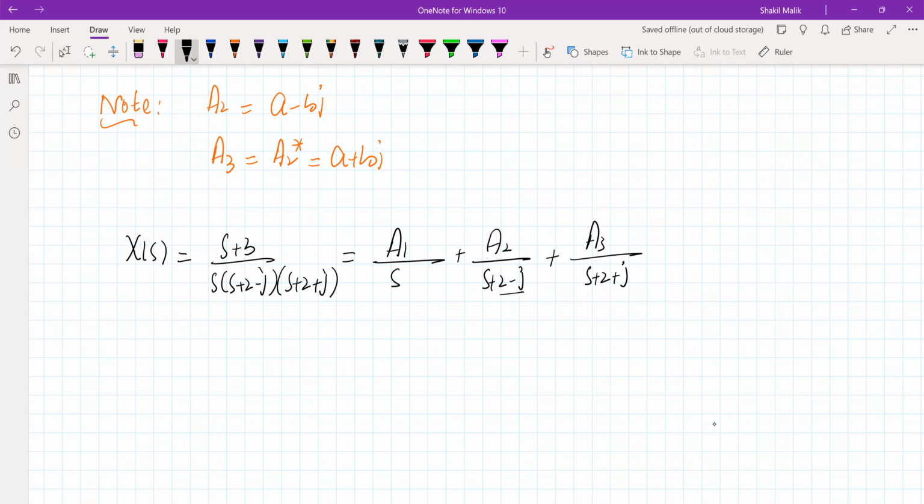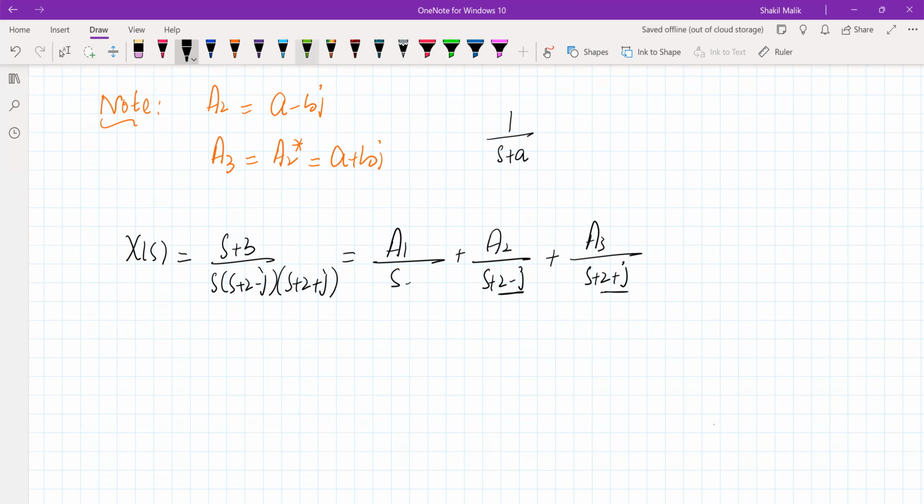Now instead of a, you have here 2 minus j, and here you have 2 plus j. Because our goal was to express it in the form of 1 by s plus a. Here a is 0, here a is 2 minus j, here a is 2 plus j. That was the goal.